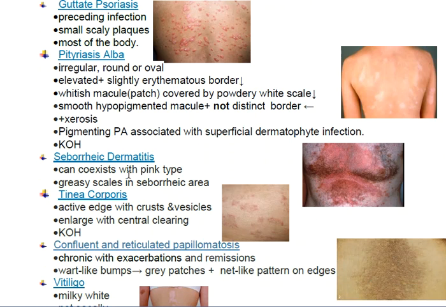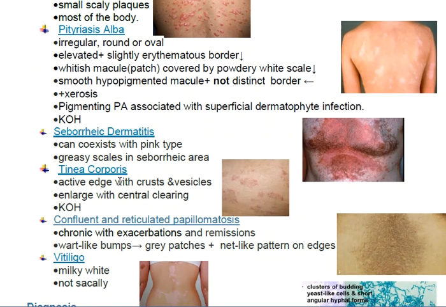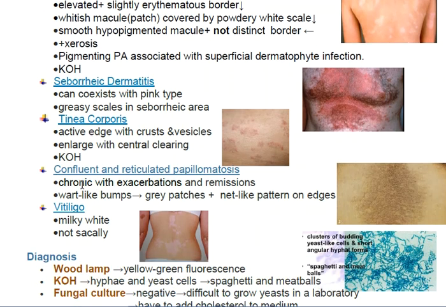Seborrheic dermatitis can coexist with the pink type and has greater scale in seborrheic areas. Tinea corporis has an active edge with crusts and vesicles, and an elevated border with central healing. KOH can distinguish between both organisms. Confluent and reticulated papillomatosis is a genetic disease with chronic exacerbation and remission.